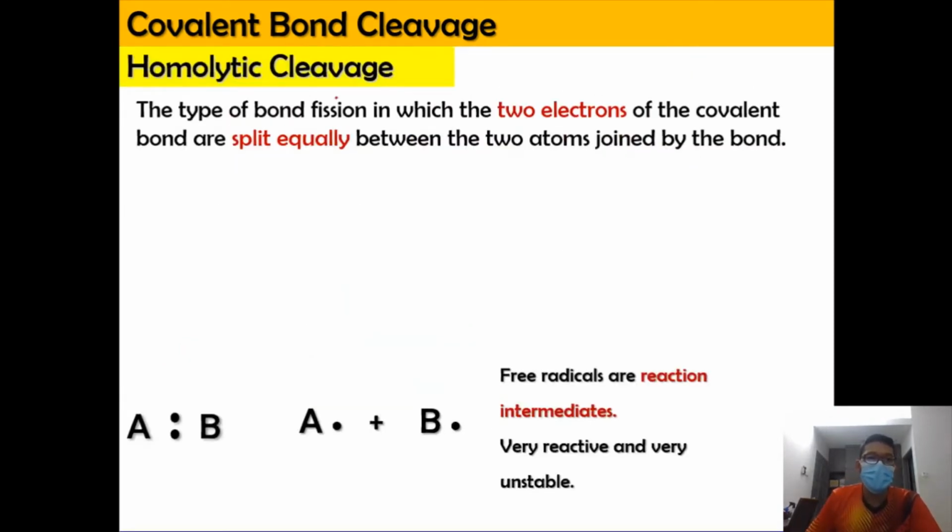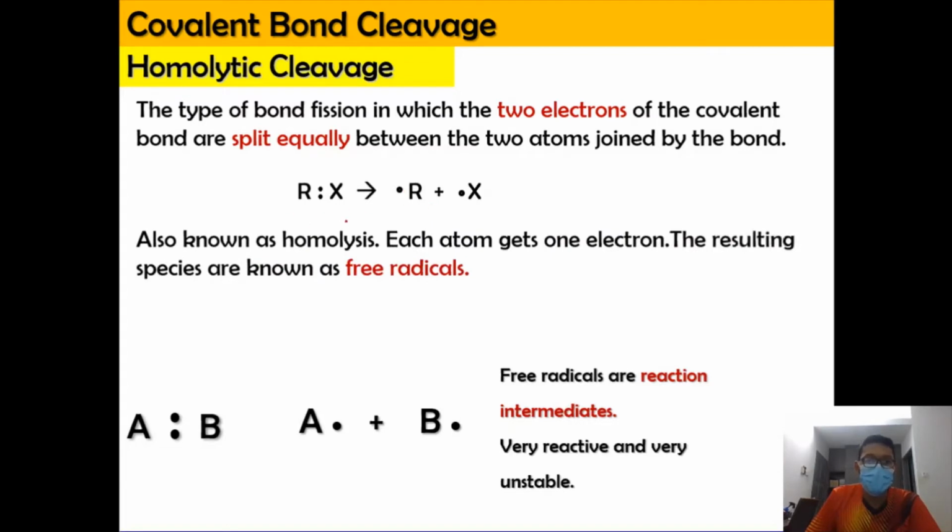Homolytic cleavage, as I mentioned before, is a bond fission in which the two electrons of the covalent bond are split equally between the two atoms joined by the bond. So for homolytic cleavage, each atom gets one electron, and this process is known as homolysis.